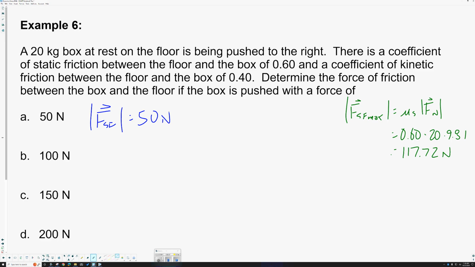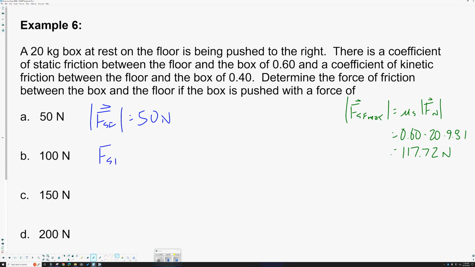If I push with 100 newtons, does it move? How hard do I need to push to get this thing moving in the first place? 117.72 newtons. I push it with 100 newtons. Does it move? No, it doesn't. So what kind of friction do I have here?